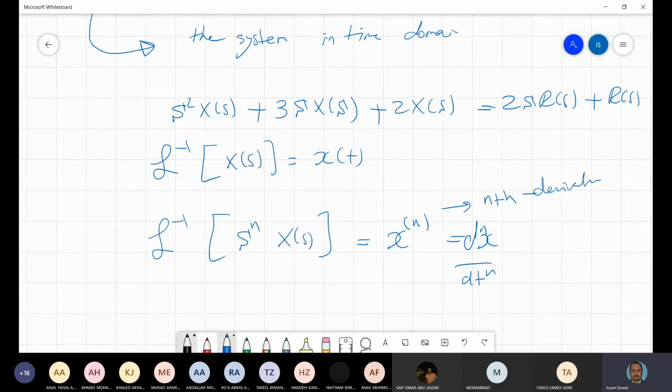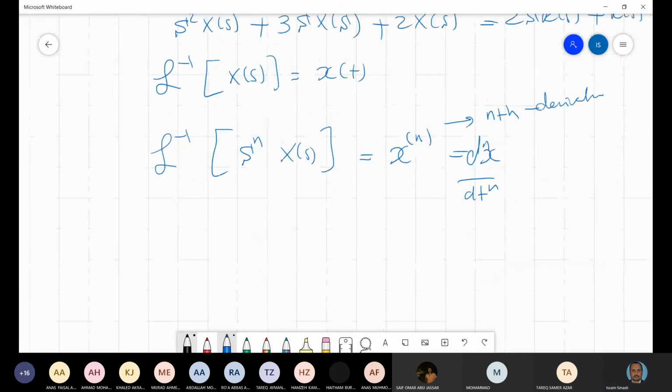Good. So now who can give it to me in time domain? The first one here, is this the second derivative, third derivative, or the first derivative? The second derivative.